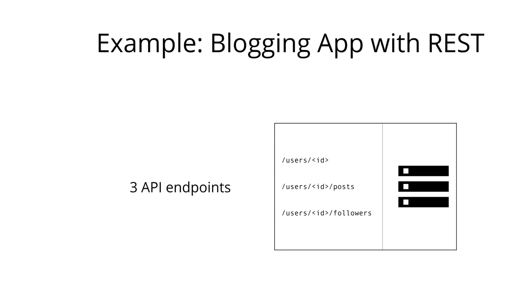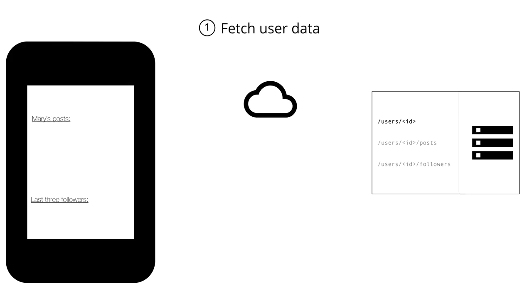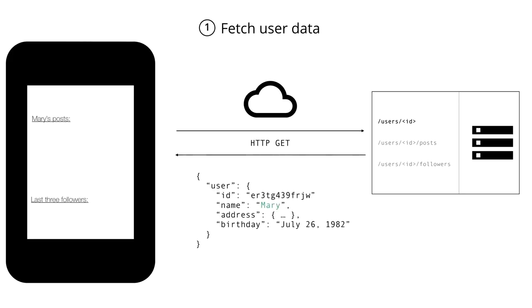So let's walk through the flow that we would need inside the application to fetch all the data that we need to display the user's profile screen. The first step would be to fetch the data about the particular user. Here we would hit the /users/ID endpoint to get information about the user that's identified by a particular ID. The server would respond with all the information that it has currently stored about that user.